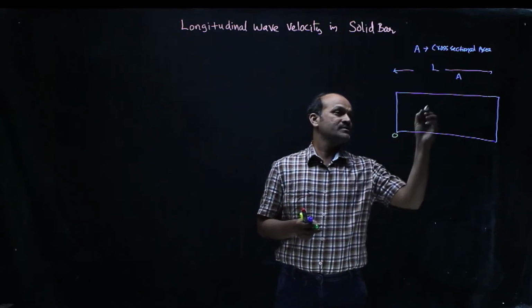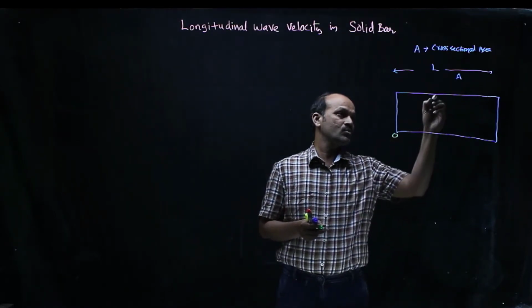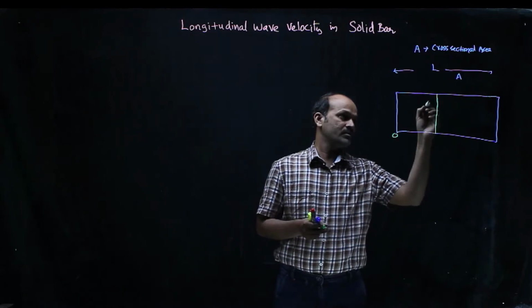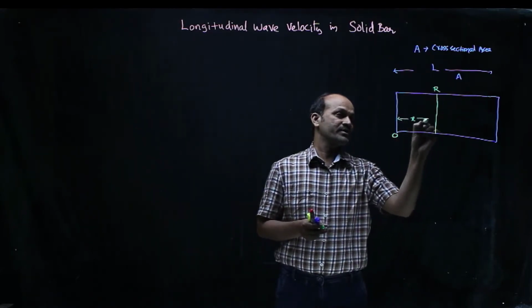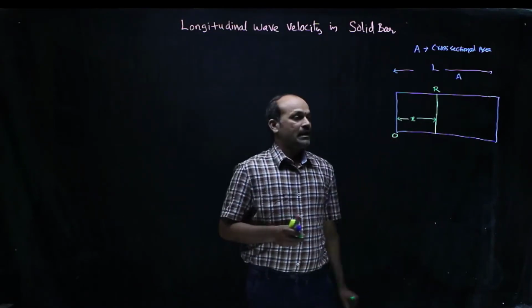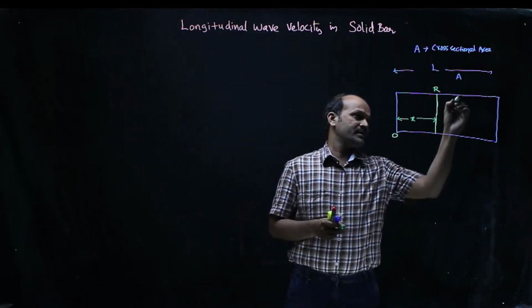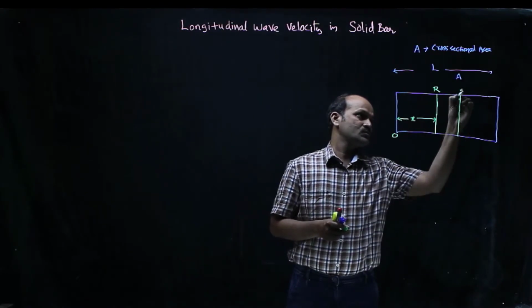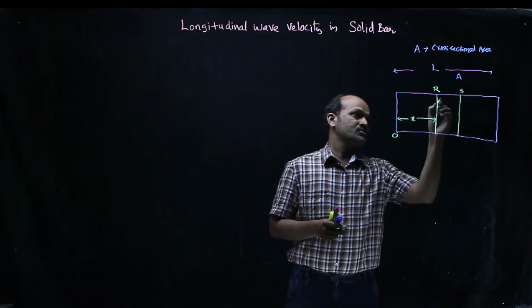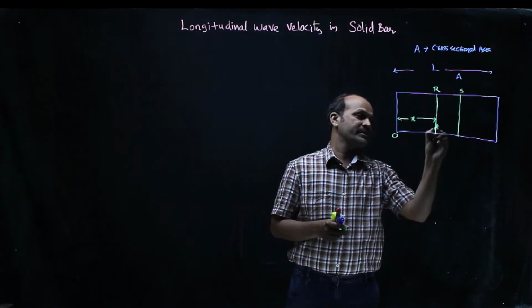Let us take at a distance x from O a plane, let us name it R, and it is at a distance of x, and we'll take at a distance dx one more plane S, and the separation between them is dx.